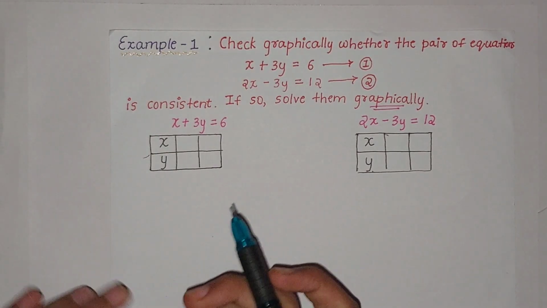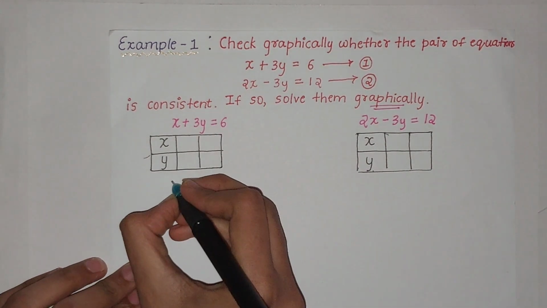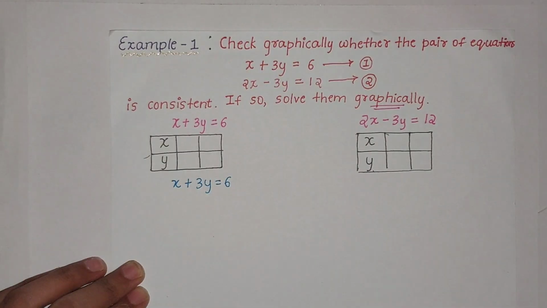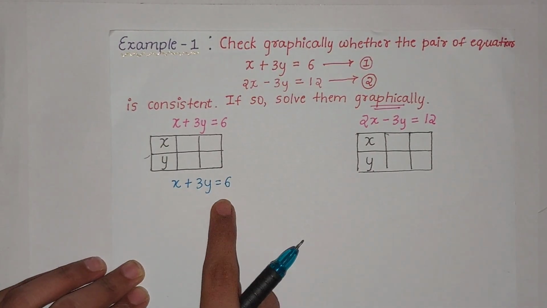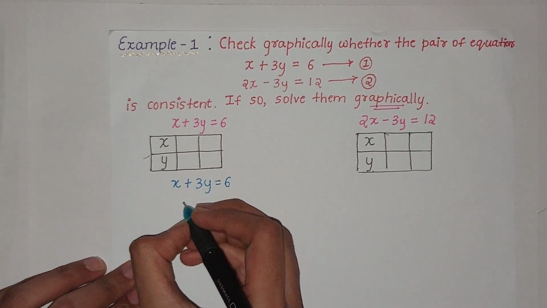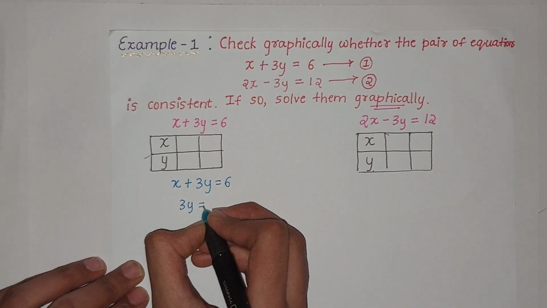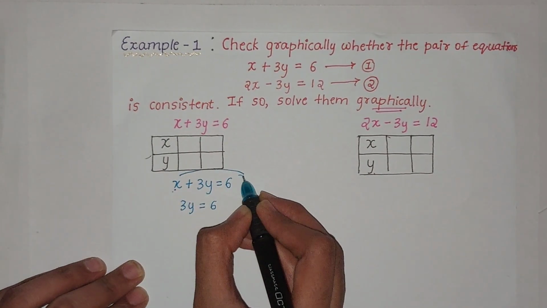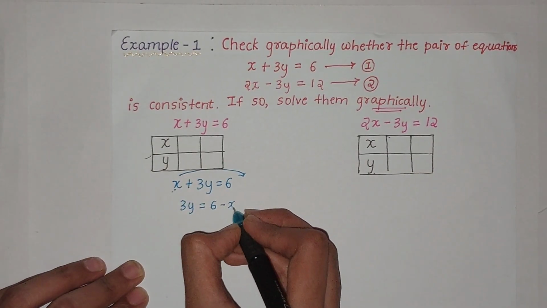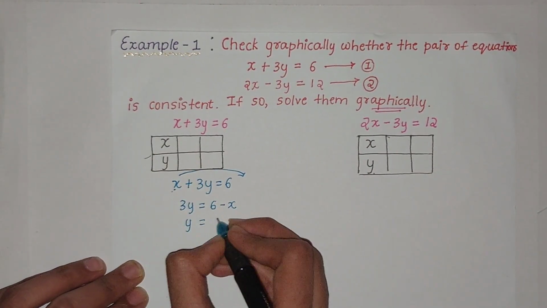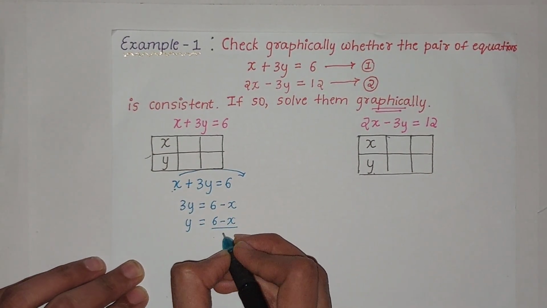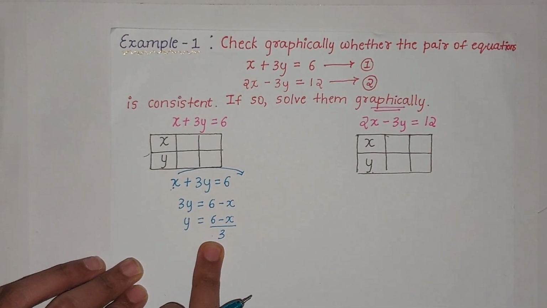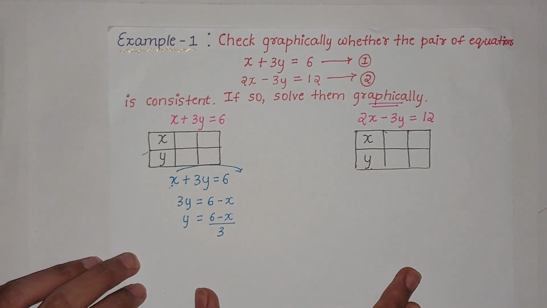Now I should write this equation in the form of y. 3y = 6 − x: the x is on the LHS, and when it goes to the RHS it changes its sign, so y = (6 − x)/3. The 3 was multiplying, and when it came to this side it became division.